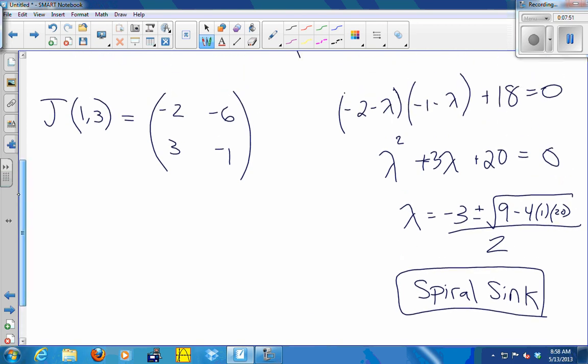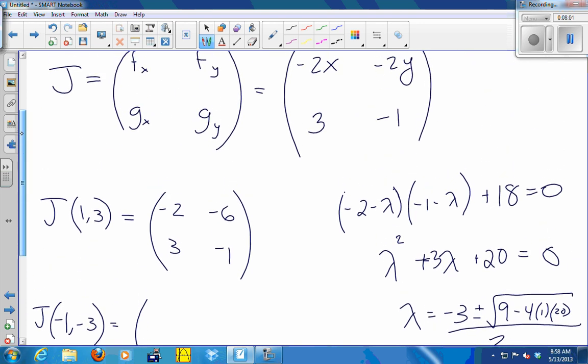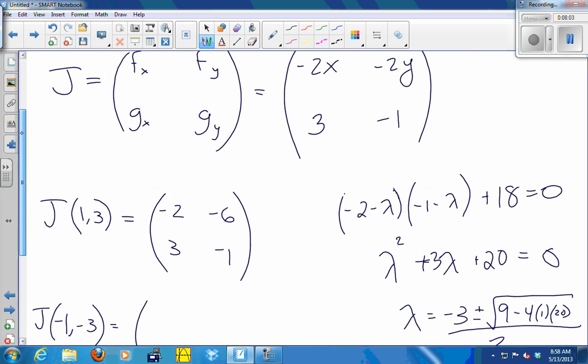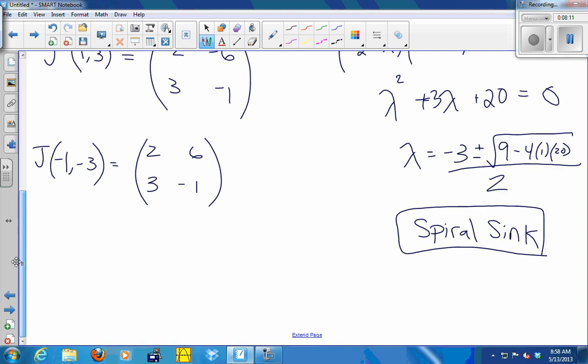Then we do the exact same analysis, but now I'm going to evaluate the Jacobian at the other equilibrium point, negative 1, negative 3. So I'm going to have 2, 6, 3, negative 1. And my characteristic equation would be 2 minus lambda times negative 1 minus lambda, minus 18.